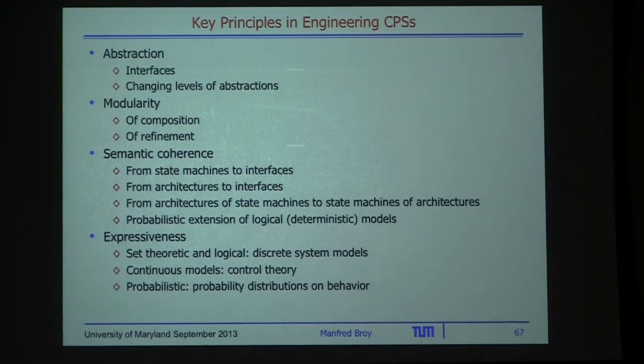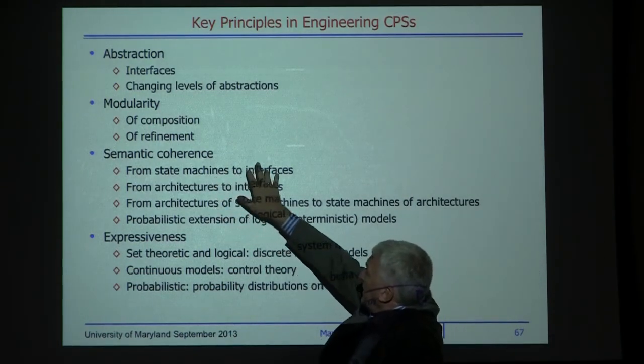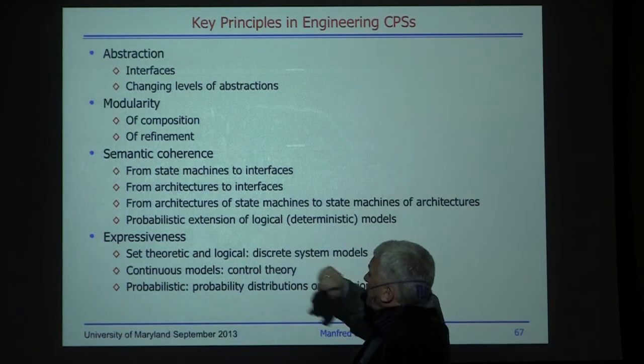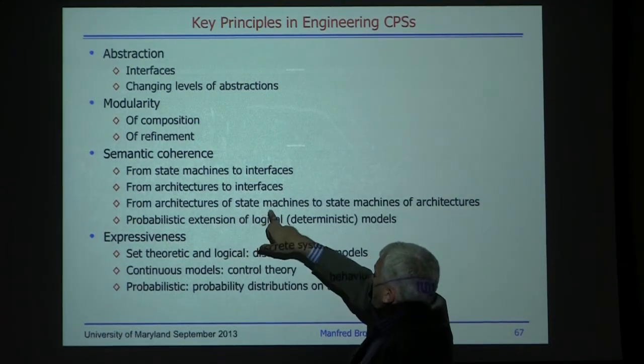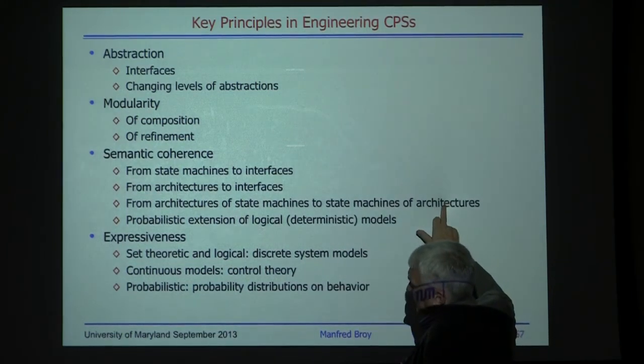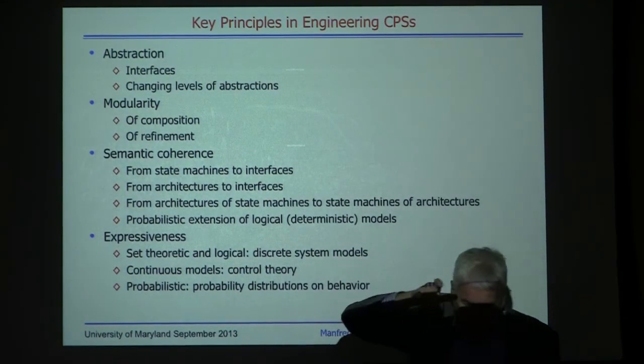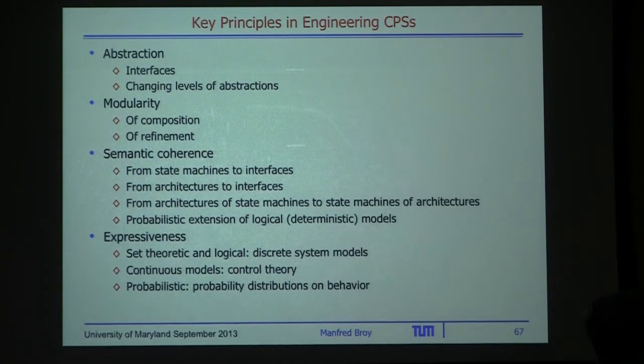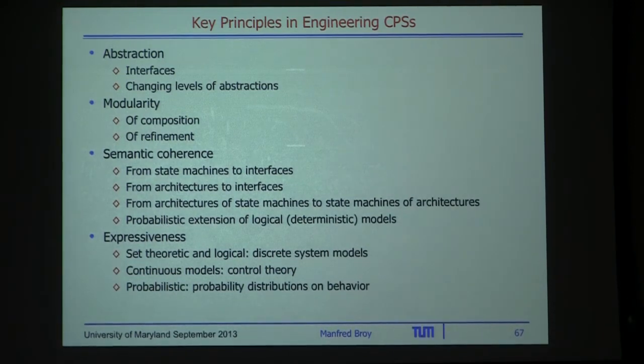Then you need semantic coherence, which means you have to understand how state machines relate to interfaces, how architecture relates to interfaces, how architectures of state machines are related to state machines of architectures. That's an interesting thing that has to do with this rule that I've introduced. It doesn't matter whether we move from an architectural element, a description by a state machine, and put it together to big state machines in the architecture, or you do the interface abstraction first and put together the interface abstraction.